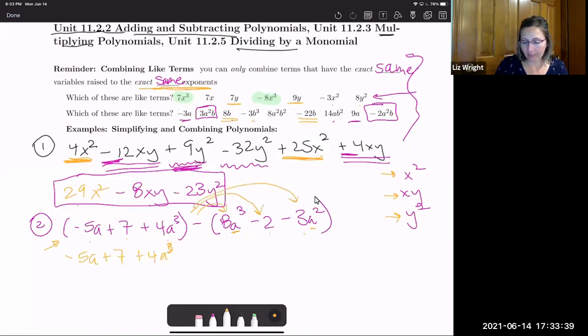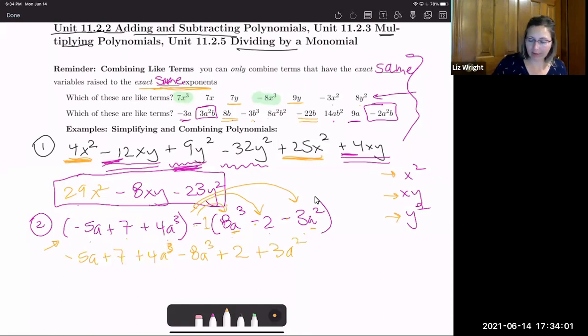Again, don't forget, if it's easier for you to think about writing a -1 in there, you definitely can do that. And then negative times a positive is going to give us negative 8a cubed. Negative times a negative here is going to give us a positive 2. And then negative times a negative is going to give us a positive 3a squared.